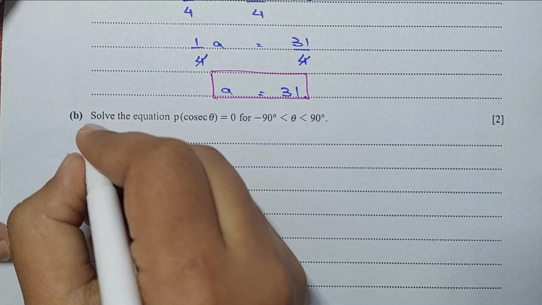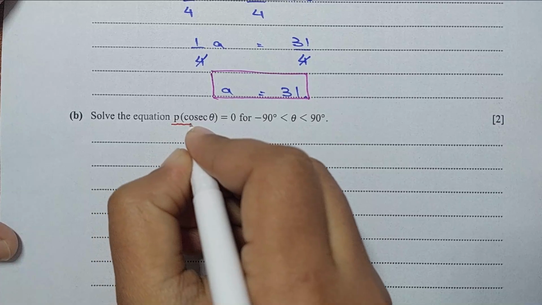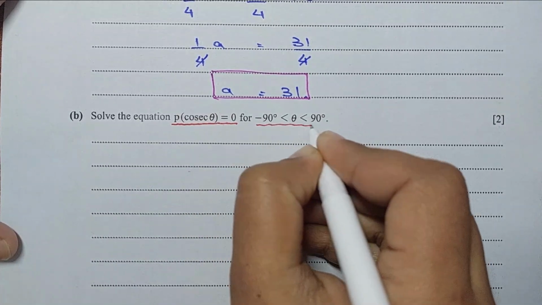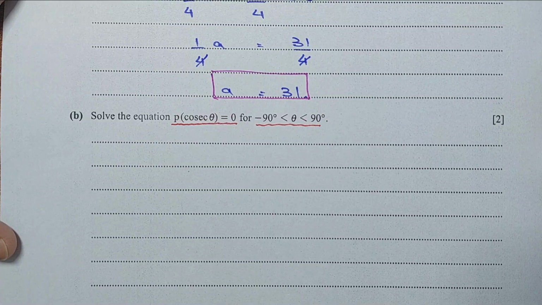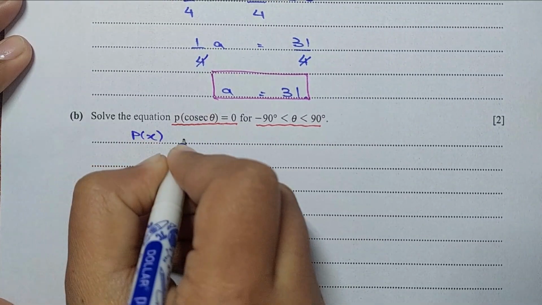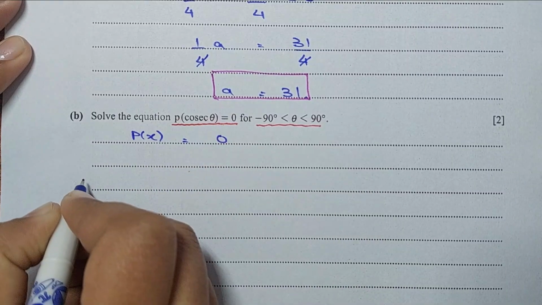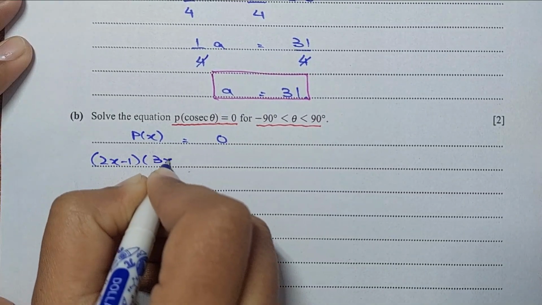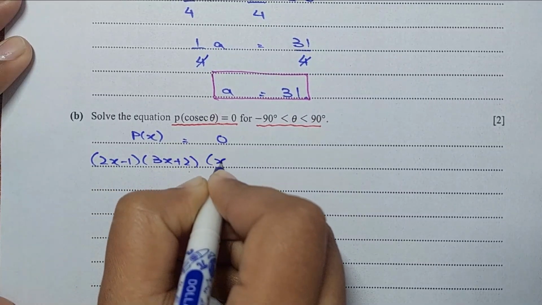Now for part B, solve the equation polynomial of cosecant theta equals to 0 and theta is between minus 90 to plus 90. Let me write down the polynomial p of x, which is equals to 0. So p of x we have done is (2x minus 1)(3x plus 2)(x plus 5).